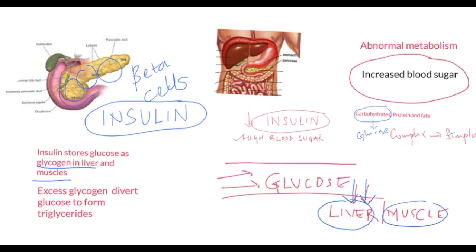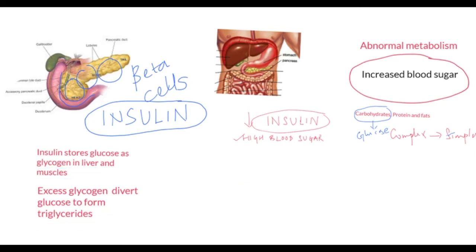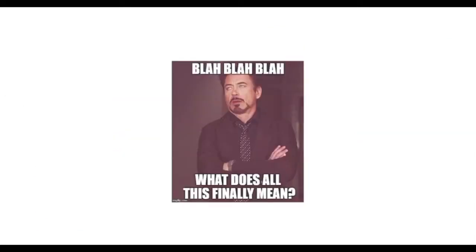Once the glycogen stored in the liver and muscle is saturated, like there is no more space for glycogen to be stored, this glucose is then diverted to form fat in the fat cells as part of triglycerides. So what does this all finally mean?